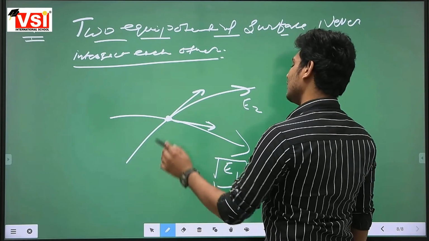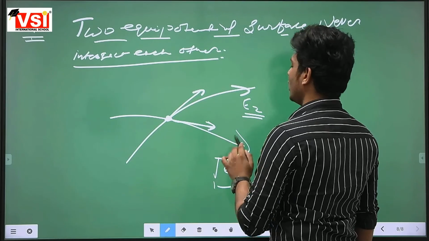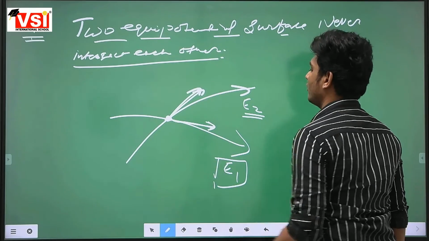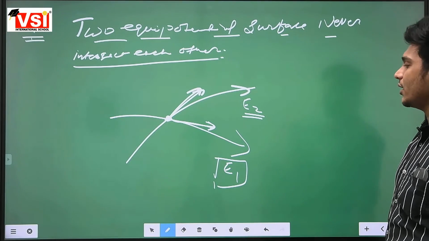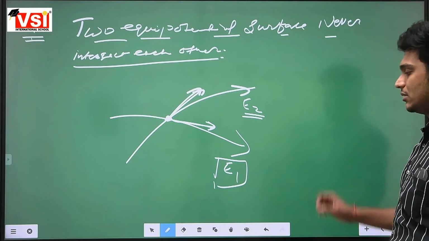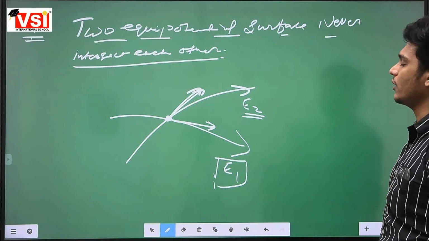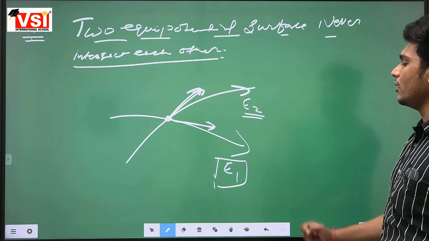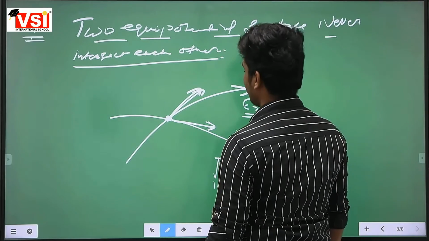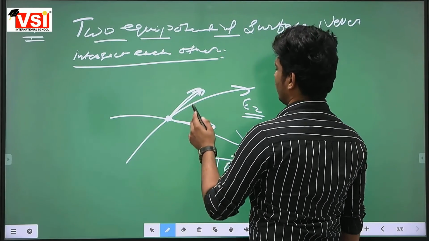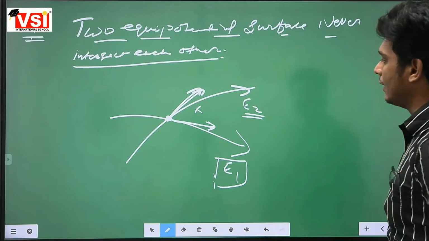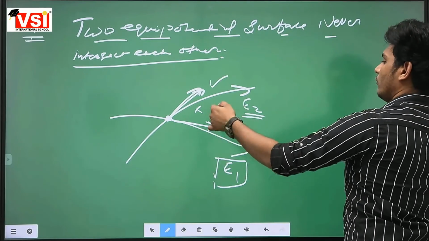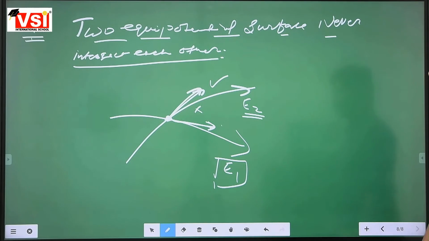And with respect to E2, the direction will be something like this. But electric field cannot be in both directions at the same time. It must be in a single direction at a particular instant of time. So here it is a contradiction about which direction to consider. If we consider this one, then that one will be wrong, and vice versa. So that is why two electric field lines never intersect each other.